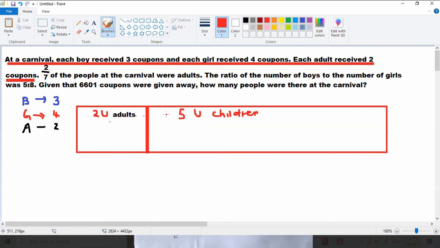And the ratio of girls to boys was 5:8. What is 5:8? 5 plus 8 is 13. So I need to cut this here into boys and girls, because the children must be made of boys and girls. Everybody understand?